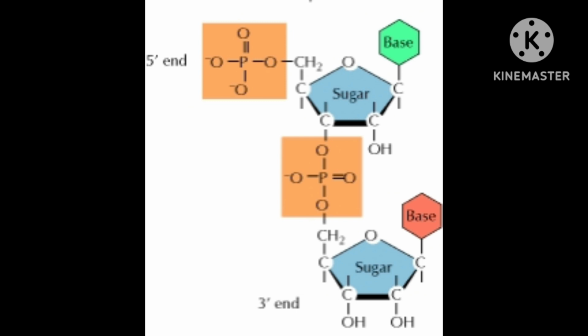As for example, adenine forms hydrogen bonds with thymine, whereas cytosine forms hydrogen bonds with guanine.